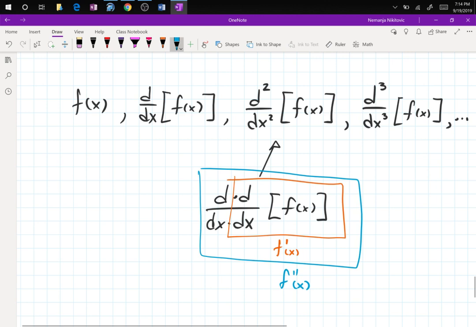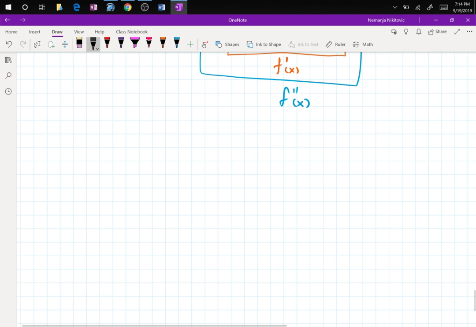Let's go and look at this. Say I have f of x is equal to 6x to the 4th power. I can calculate derivatives. Let's use f prime this time around. So f prime, which is the first derivative, is 24x cubed.